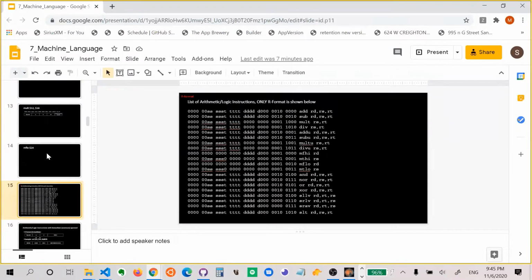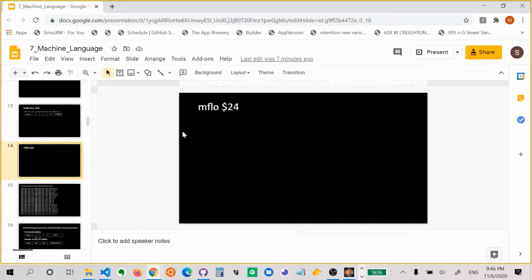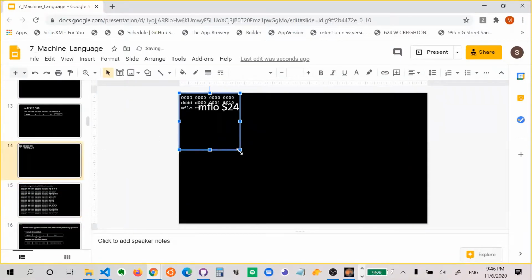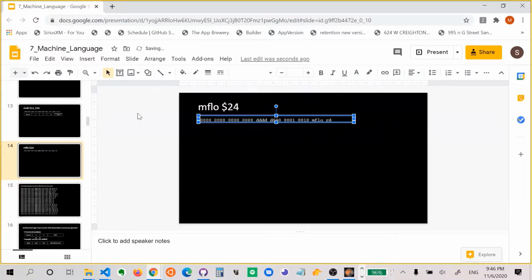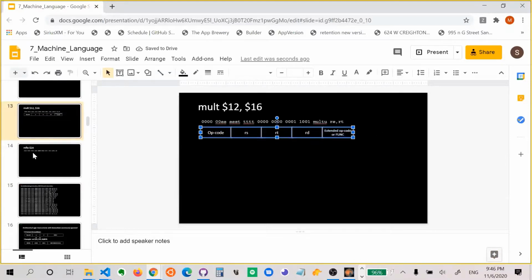So let's look at move from low. You just find it on the table. So that's the pattern that it has. So let's keep that, and let's keep this just as a reference.